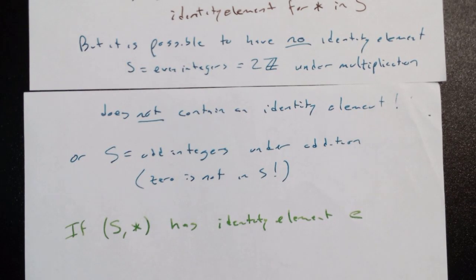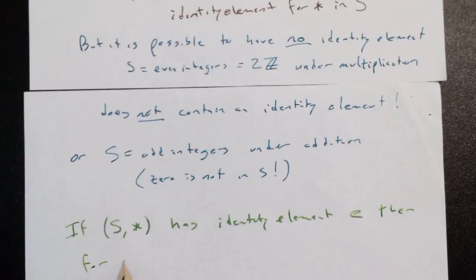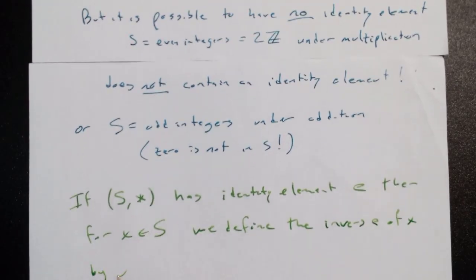If I have an identity, then for X, an element of my set, we define the inverse of X by X prime so that X star X prime equals the identity.